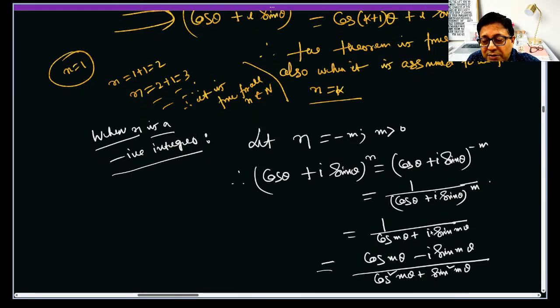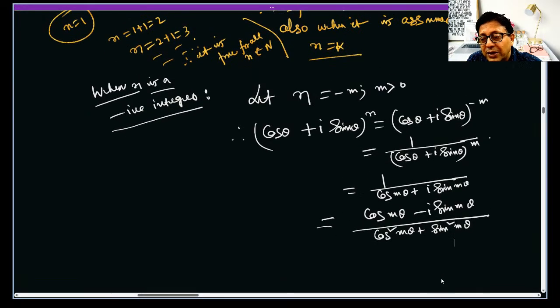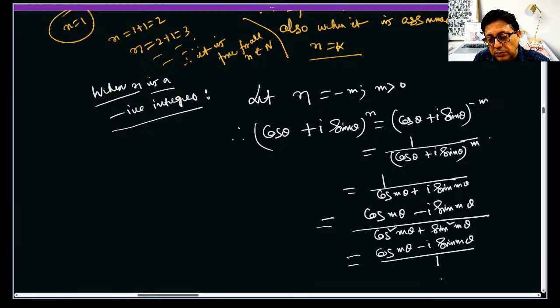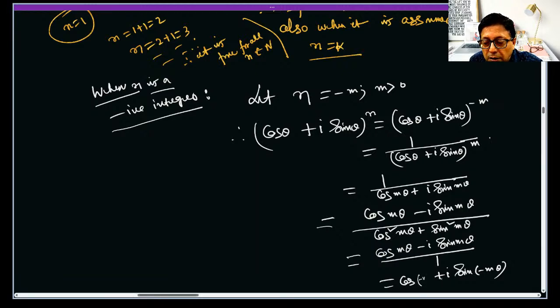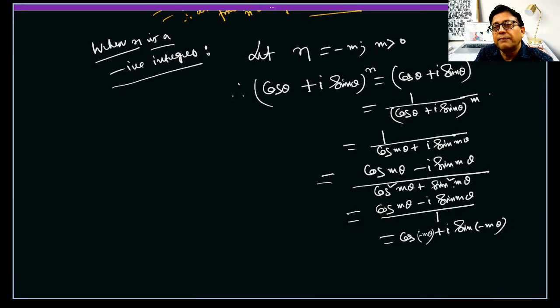When you multiply by cos m theta minus i sin m theta, this will be cos square m theta plus sin square m theta, this is 1. You can write cos m theta as cos of minus m theta, isn't it?